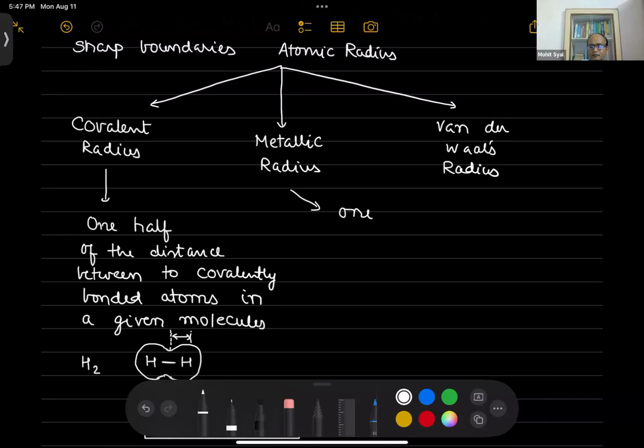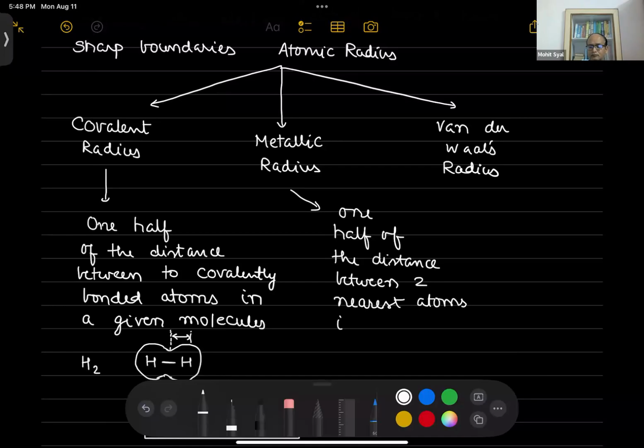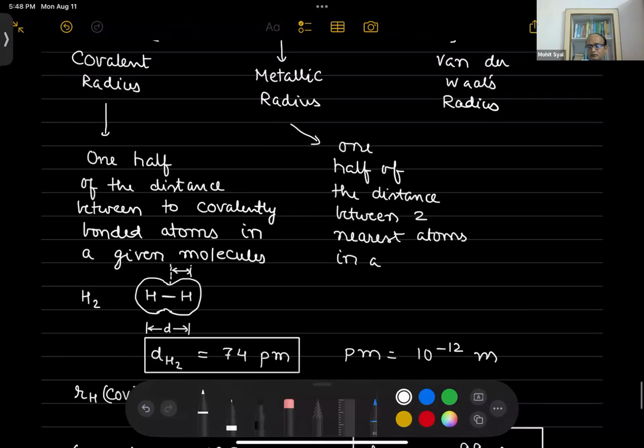It is 1/2 of the distance between two nearest or adjacent atoms in a metallic solid.